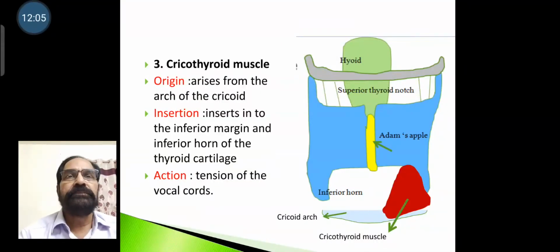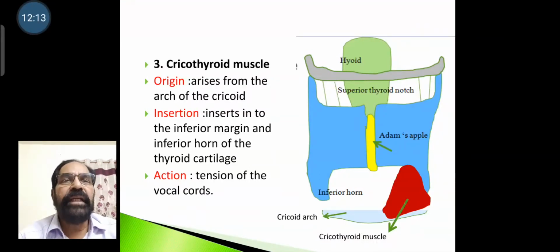Cricothyroid muscle arises, as shown in the picture, from the arch of cricoid. Insertion, it inserts into inferior margin and inferior horn of thyroid cartilage. Action, it tenses the vocal cords.